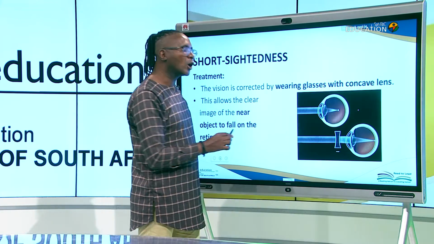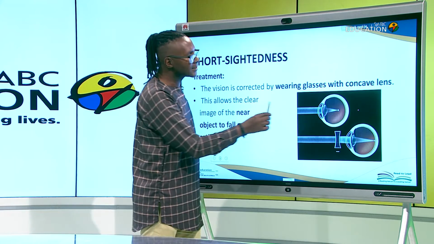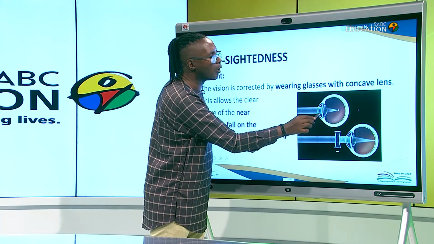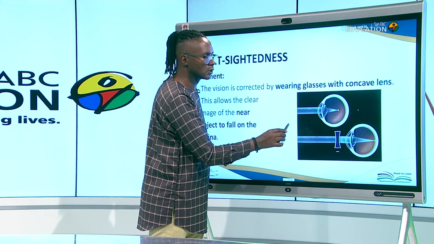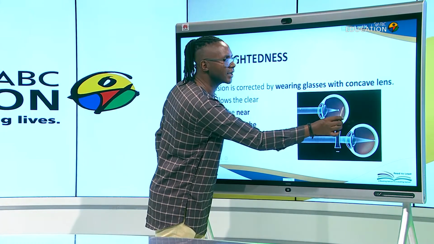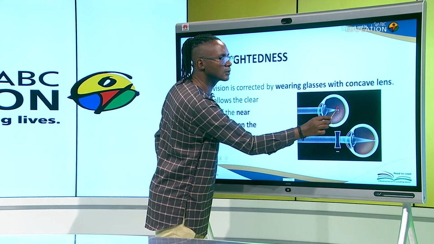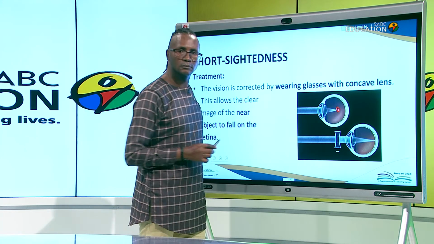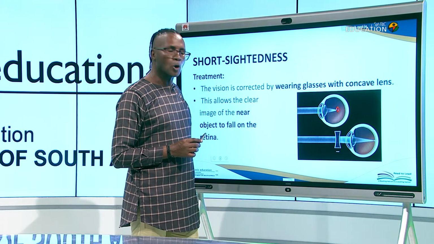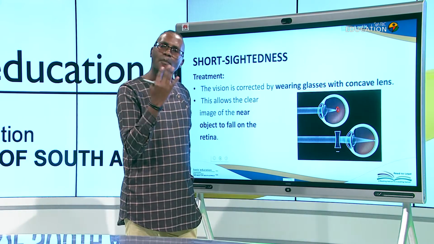So because of short-sightedness, the eyeball is long. So now the image falls in front of the retina. It's supposed to fall on it, but it falls in front. So far objects become blurry.